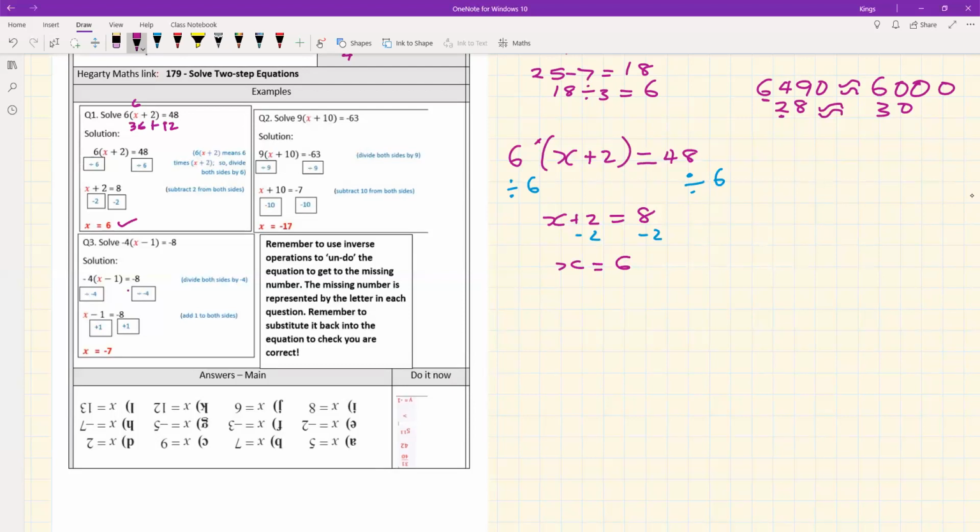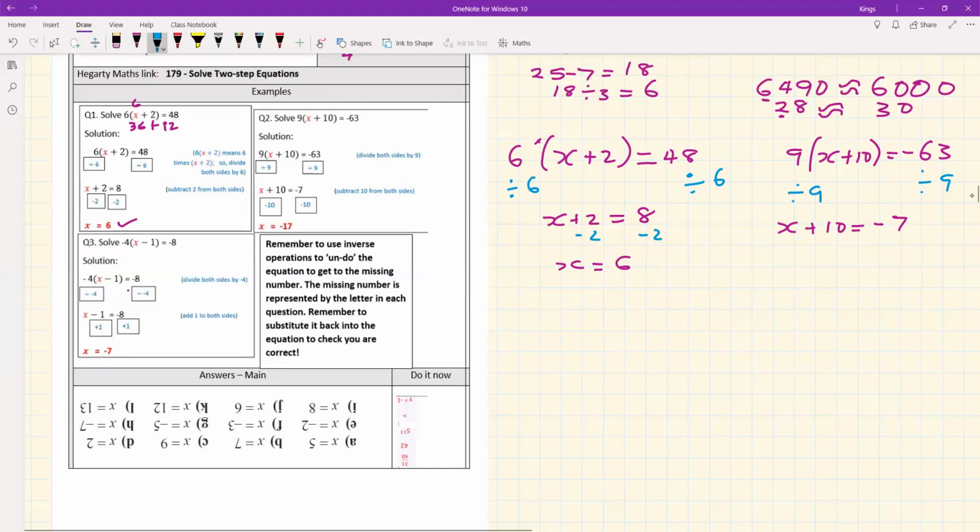And the second one, we've got 9 bracket x plus 10 equals minus 63. All right, so divide both sides by 9. We've got x plus 10 on this side equals minus 63 divided by 9, which is minus 7.